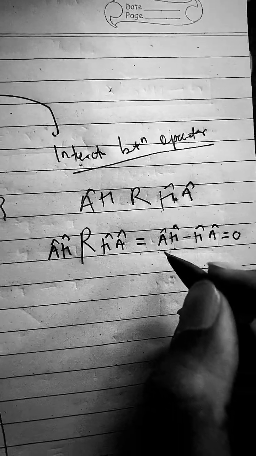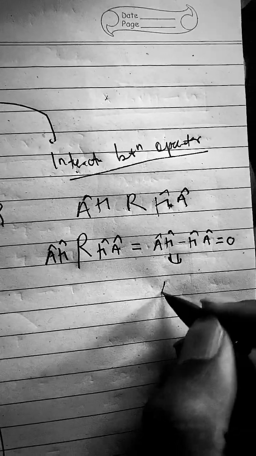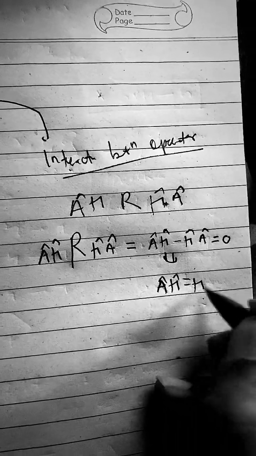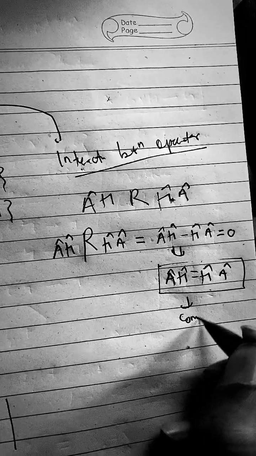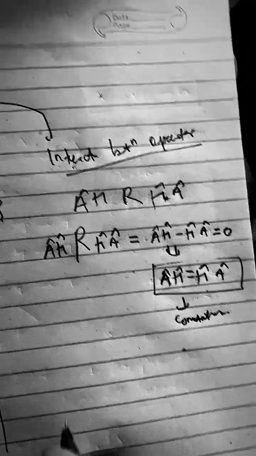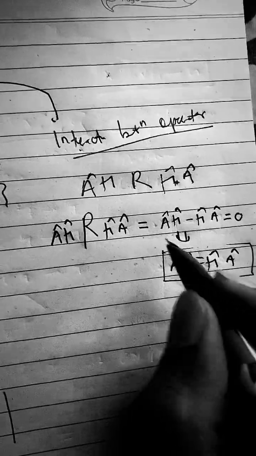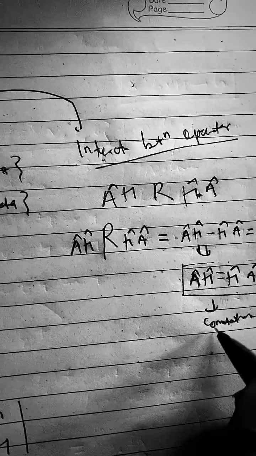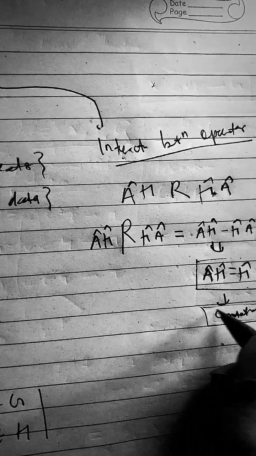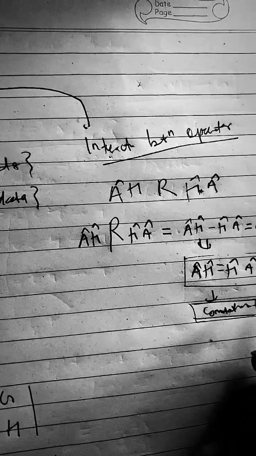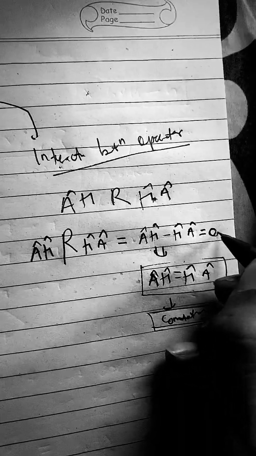Well, this means AH equals HA. So it is commutativity. But is it always true? Well, it is true when this is 0.